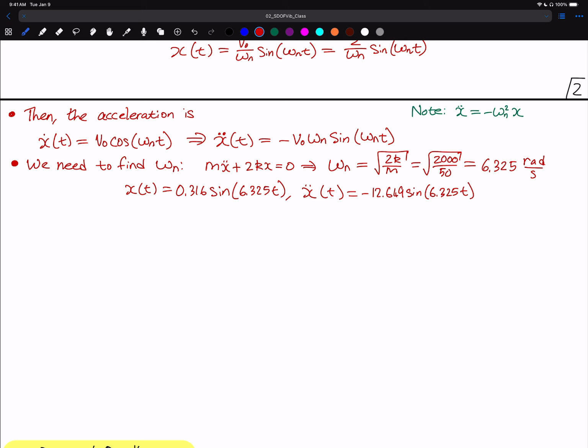Okay. We now need to consider how we can find the maximum acceleration. There are two options, or actually there are three options. So let's first just write to find the maximum acceleration.